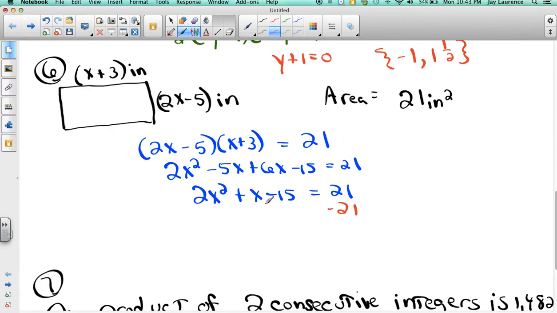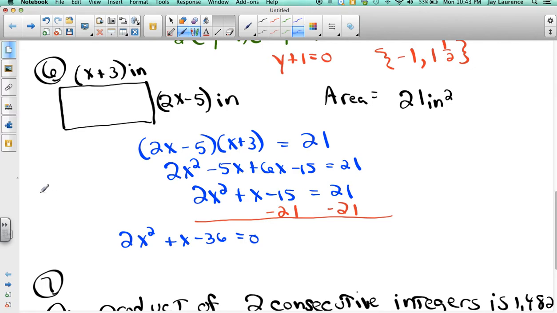So I'm going to subtract 21 from both sides. Okay, now it's going to work out nice. So I'm going to get a 2x squared plus x minus 36 equals 0.